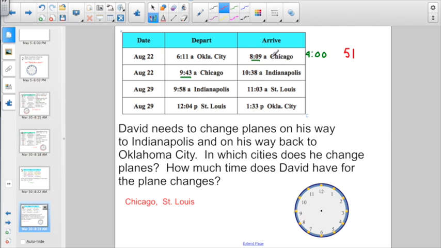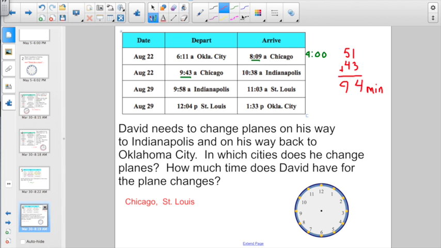Now let's go from 9 o'clock to 9:43, and that's going to be another 43 minutes. Go and take these 2 amounts of minutes, let's add them up, and I end up with 94 minutes.